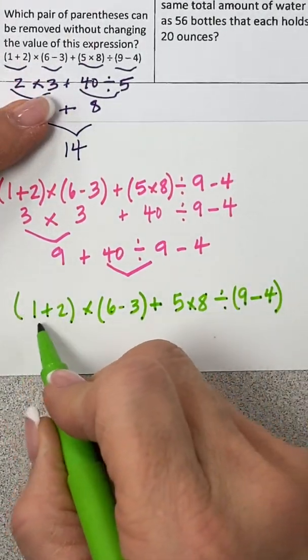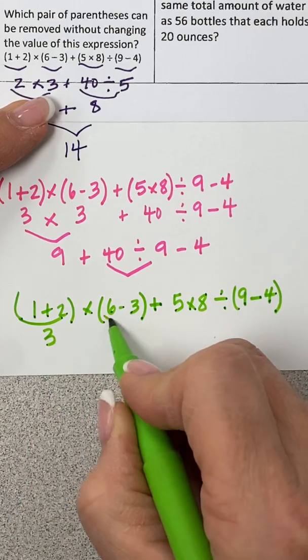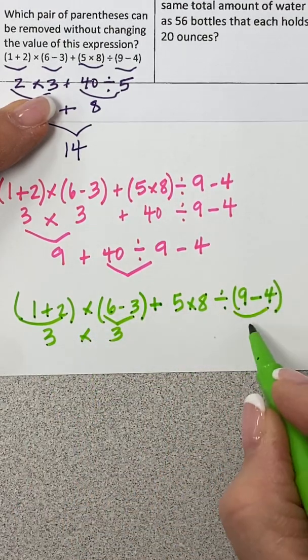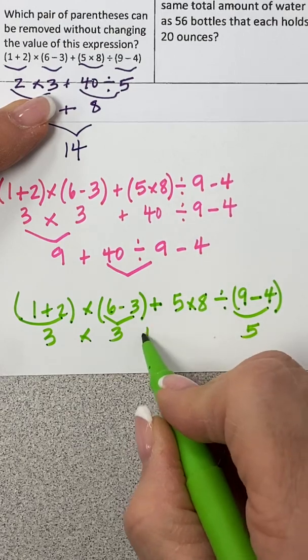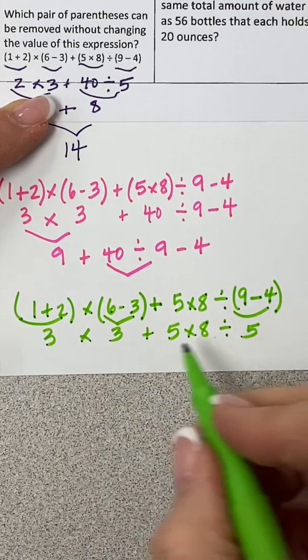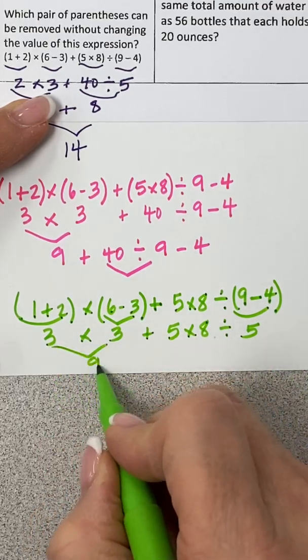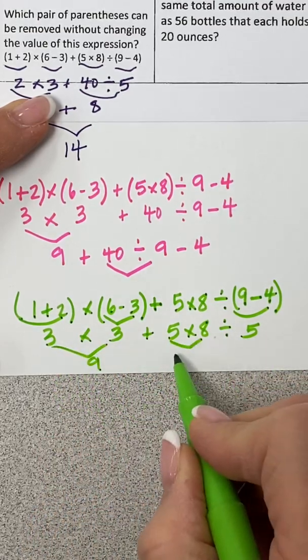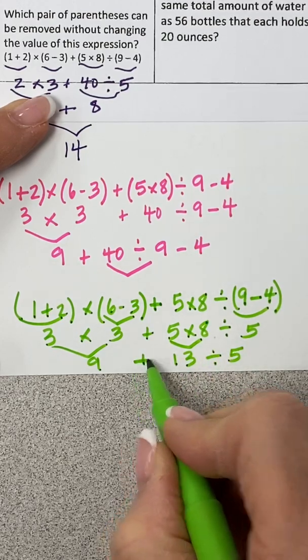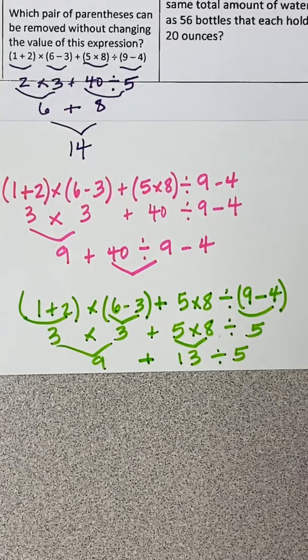Now we have a 3, a 3. We've got to do this parenthesis, that's a 5, bring everything else down. I can go ahead and work this. This is 9. I can do this, 13 divided by 5. Wow, I still don't even think that one is going to be right.